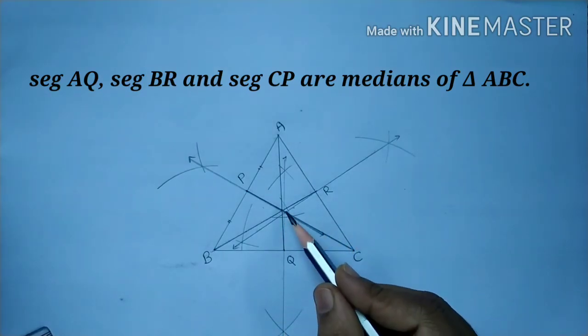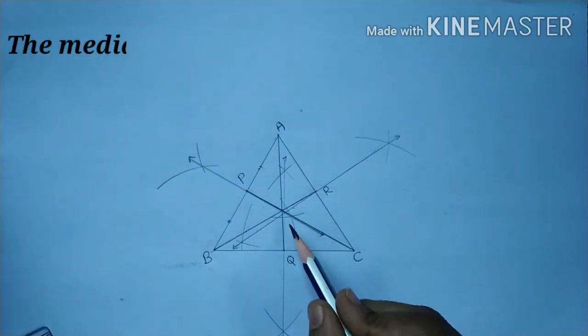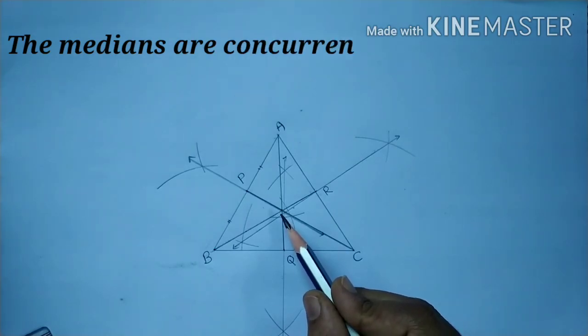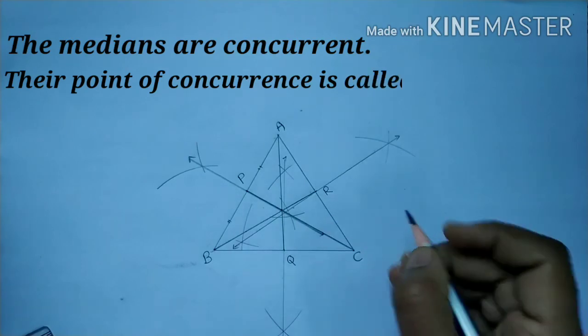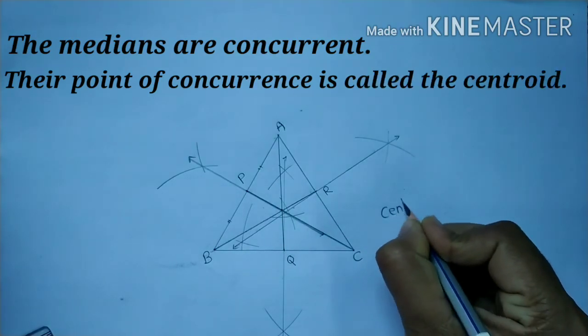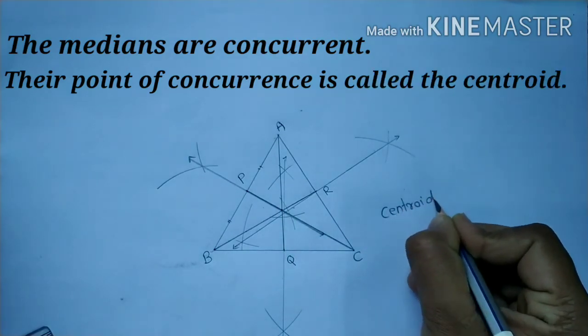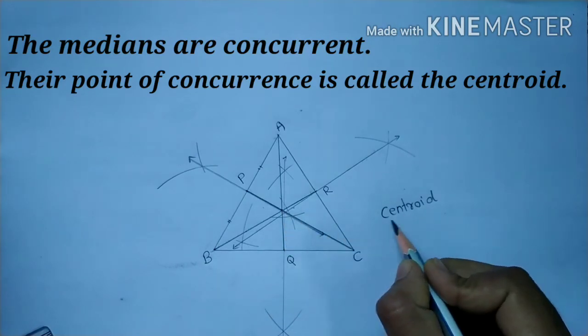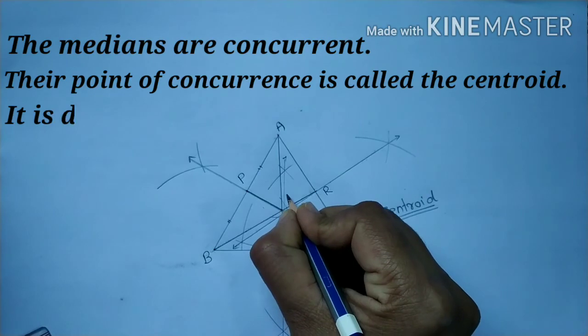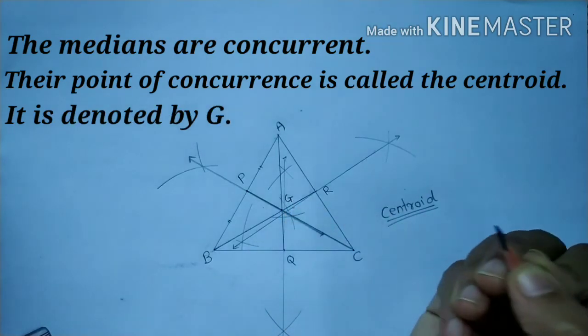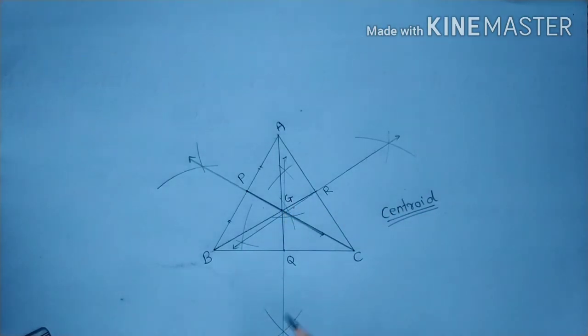That means these medians are concurrent, and their point of concurrence is called the centroid. This point of concurrence is called the centroid, and it is denoted by G. In this way we have to draw medians of any triangle.